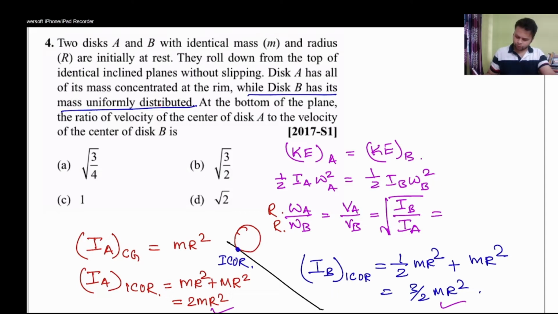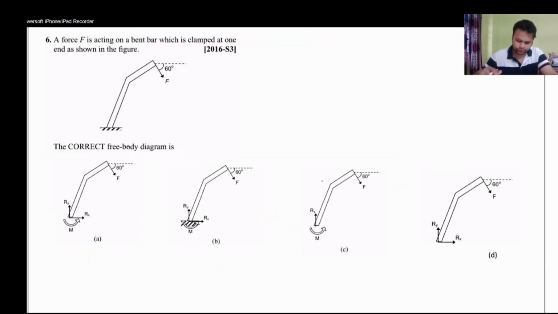So the answer is root over 3 by 4. Okay, thank you. I hope you got it. The answer is root over 3 by 4. Okay, let us move on to the next question.